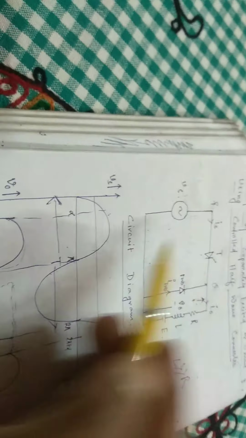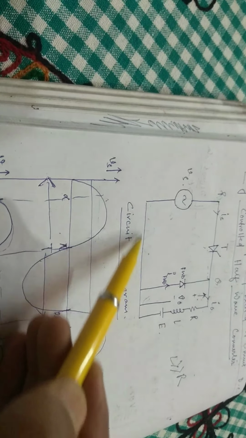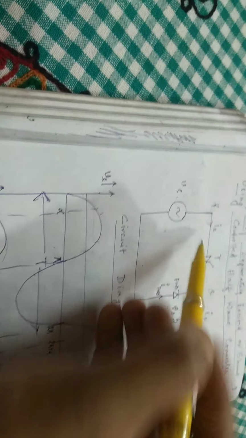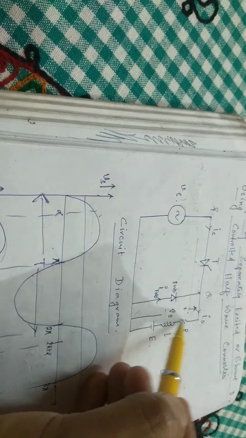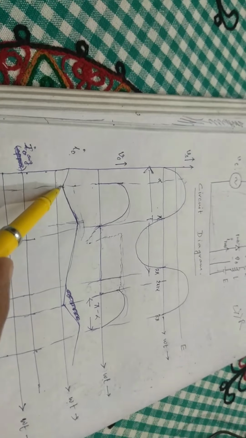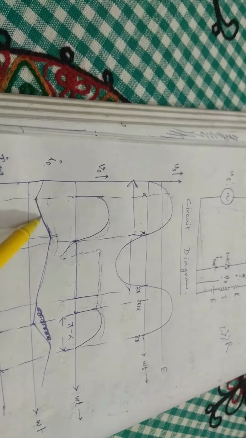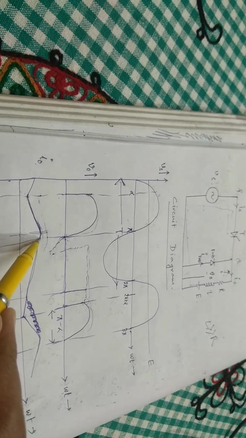As we trigger this thyristor at alpha, this IS flows through I0, and it follows this path. So it follows and it charges the output inductance L, right? It charges up, and at a certain instant the current again starts falling.